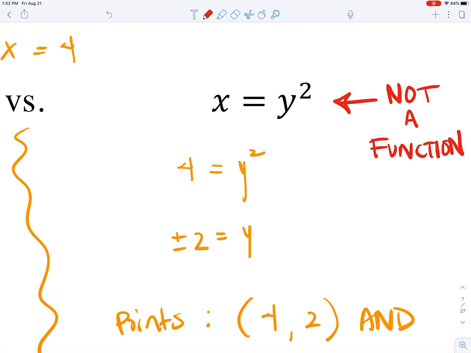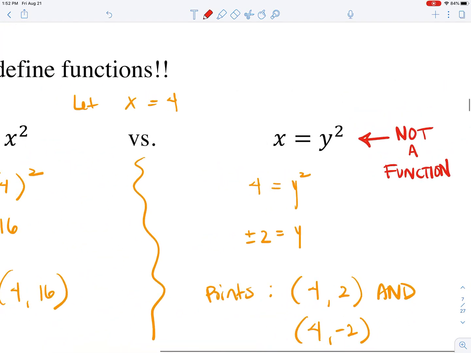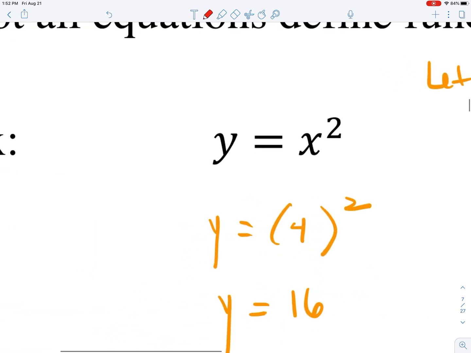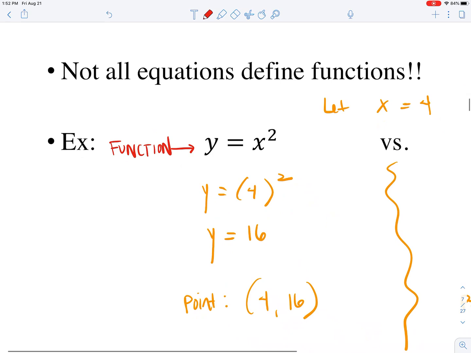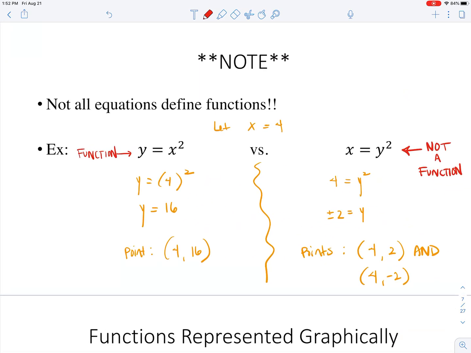It represents a relation because there's a relationship between 4 and 2 and negative 2. However, it does not represent a function. This first equation did represent a function, though, because the input of 4 had exactly 1 output, 16.